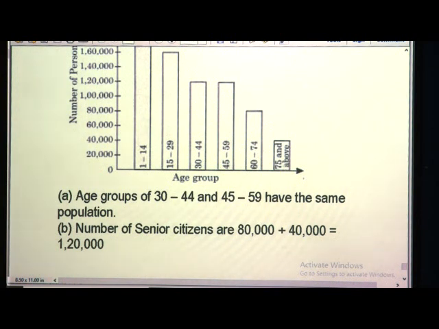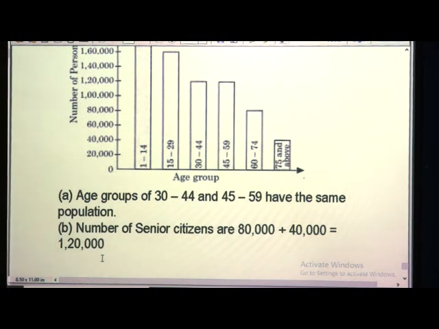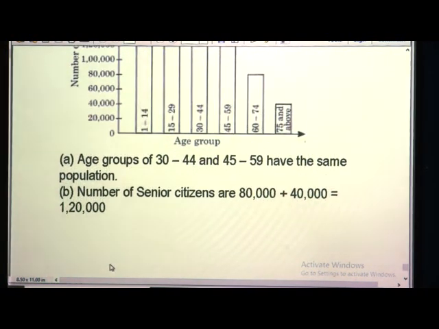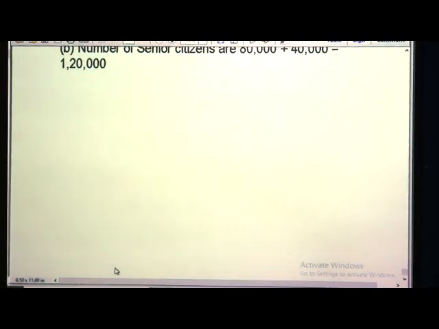So, these both groups come under senior citizens. So to find the number of senior citizens in total, we need to add it. It means 80,000 plus 40,000, that is 1,20,000.